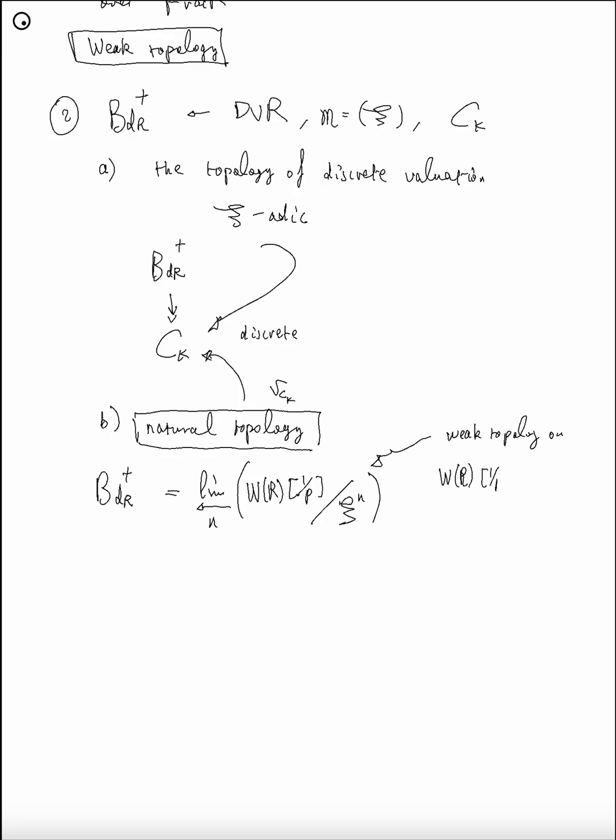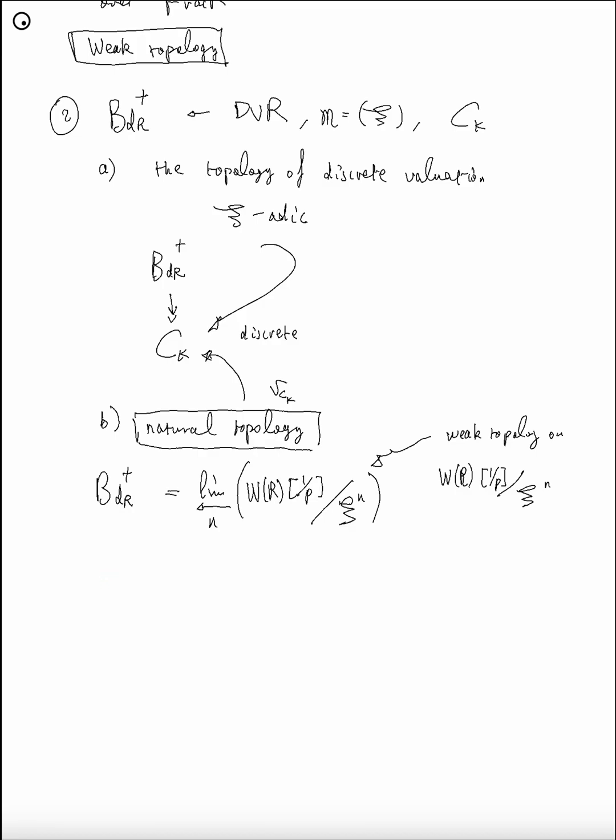So you have the weak topology here, so also here. That's the quotient topology of the weak topology, okay? And then you take the product topology and on B-dR plus, you get the induced topology there. We call this the natural topology.